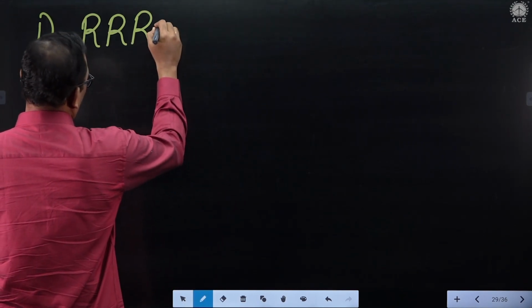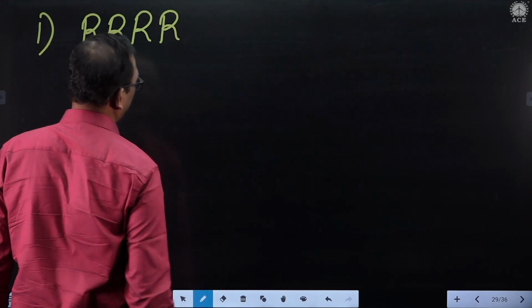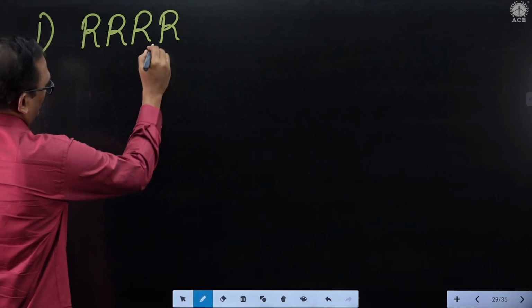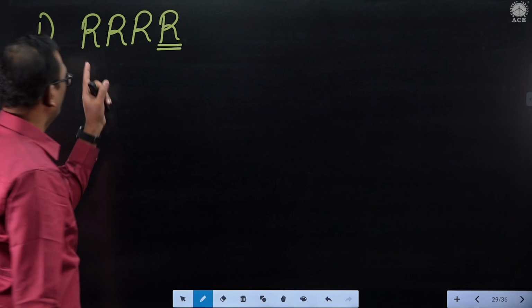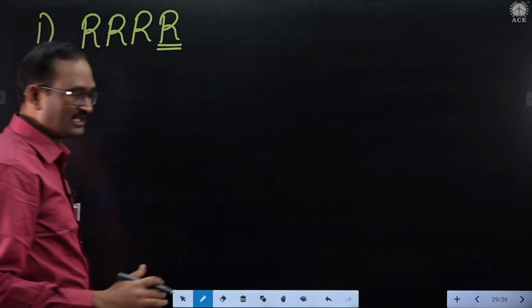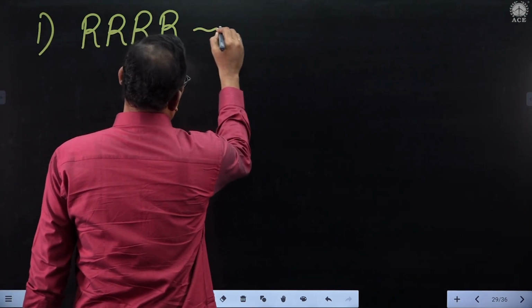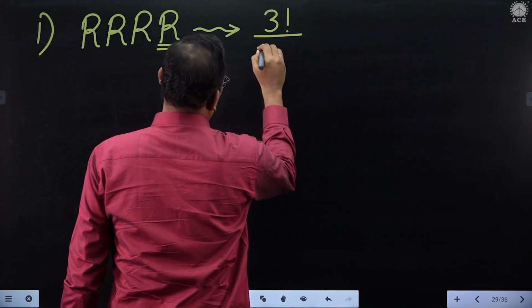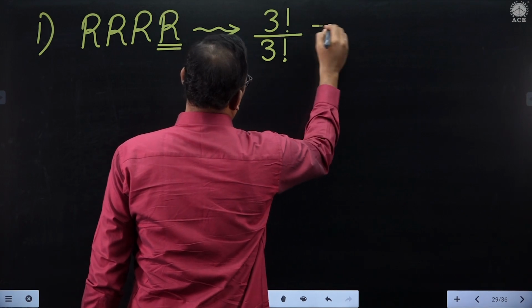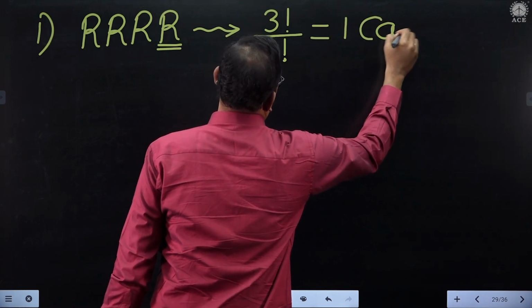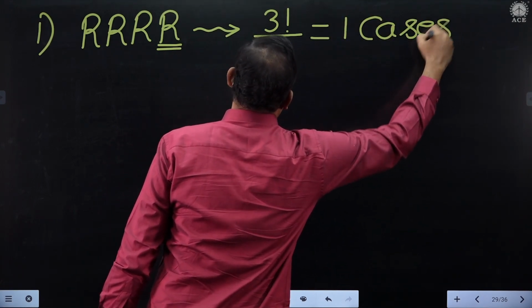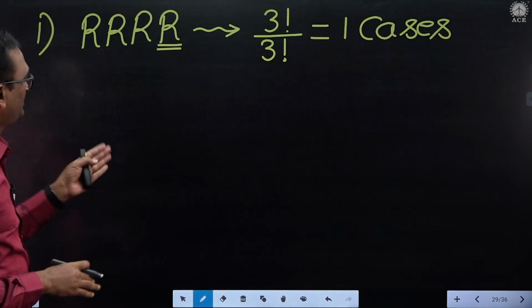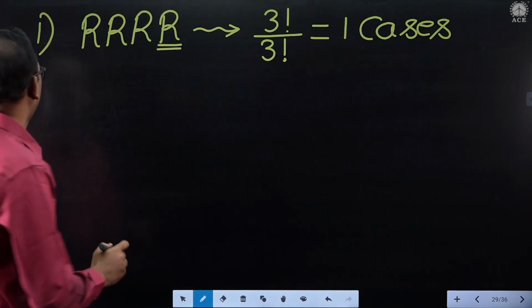The fourth color is fixed. The fourth must always be a red ball only. Now the first 3 reds can be arranged in 3 factorial by 3 factorial choices, so we have only one case. Means 3 reds can occur in any order in one way only.